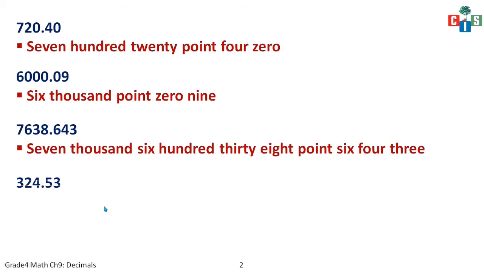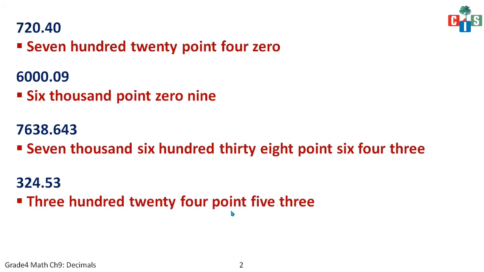Okay. Now let's take the last example. 324. Then for the decimal you will write a point and what is it? It is 53, not 53. Clear? So for the first way, I hope it's clear to you. The next we will be doing in the next video.